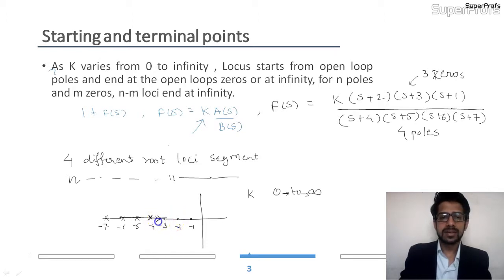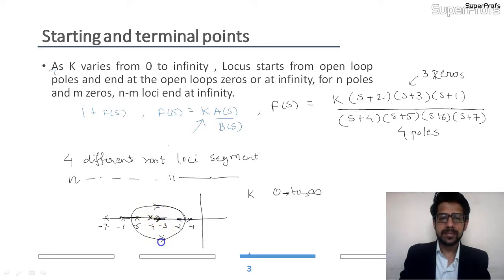From -5, a root locus will go like this, and go towards -1 and -2.